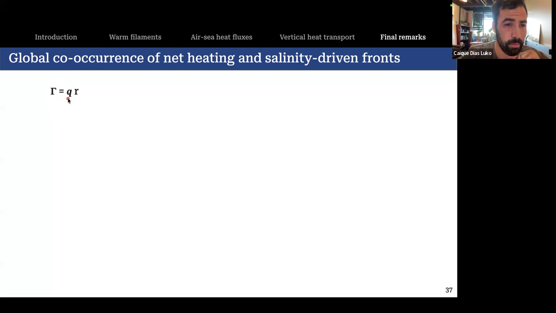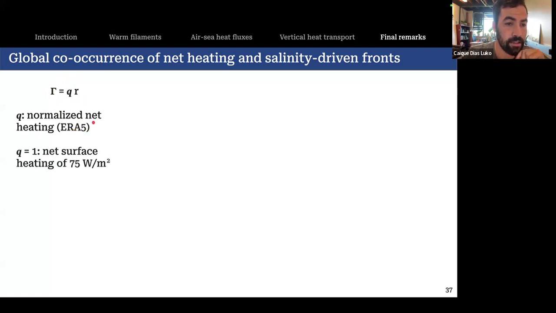And it's basically a product between Q, which is the normalized net heating that we're taking from ERA5. And this normalized net heating is going to be equal to 1 when we have a net surface heating of 75 watts per meter squared. This is our metric to say that we have a strong heating occurring in a region.